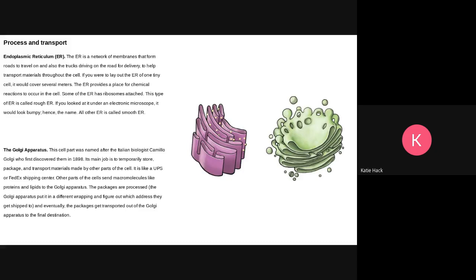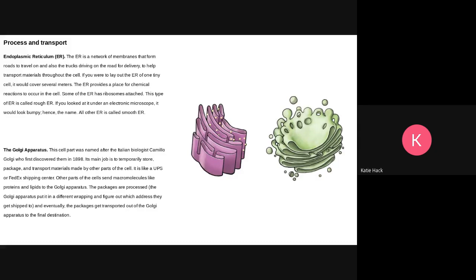this cell part was named after the Italian biologist Camillo Golgi, who first discovered it in 1898. Its main job is to temporarily store, package, and transport material made by other parts of the cell. It's like your UPS or FedEx shipping center.